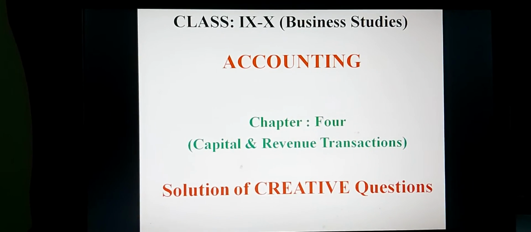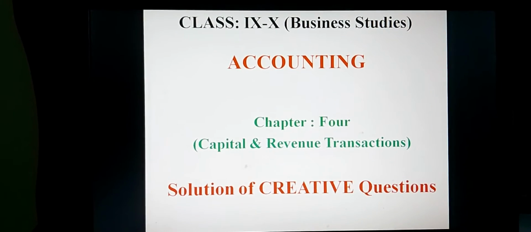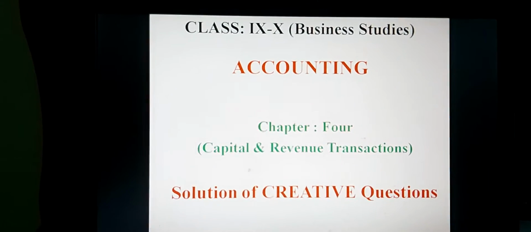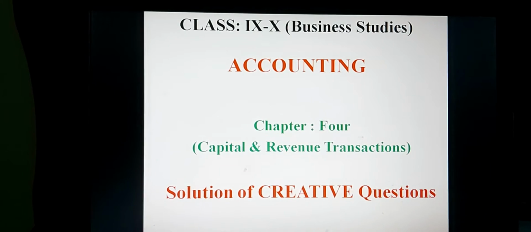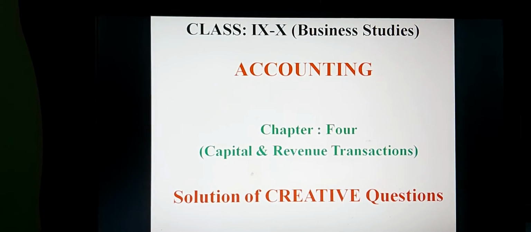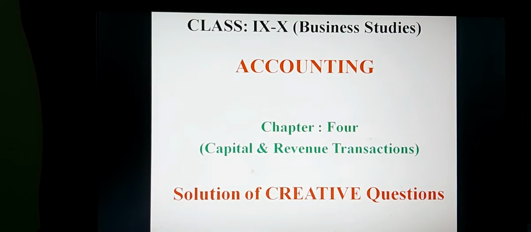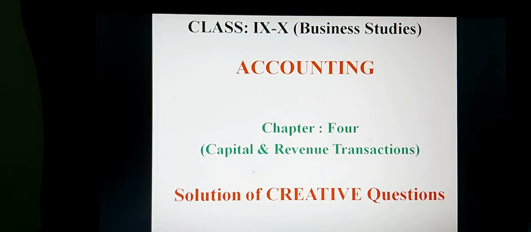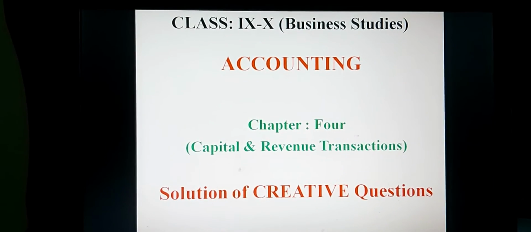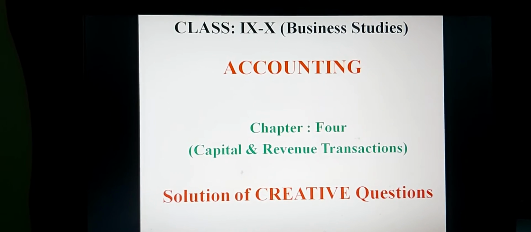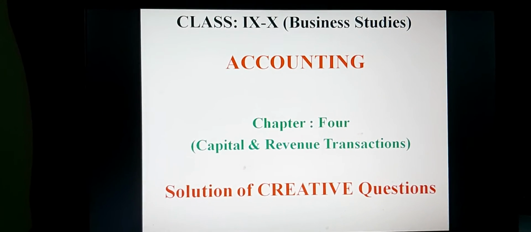Dear students, you know, capital receipts are longer-term, non-recurring transactions involving big amounts. Also, you know, 3 categories of transactions are related to capital receipt. Number 1, capital or additional capital.